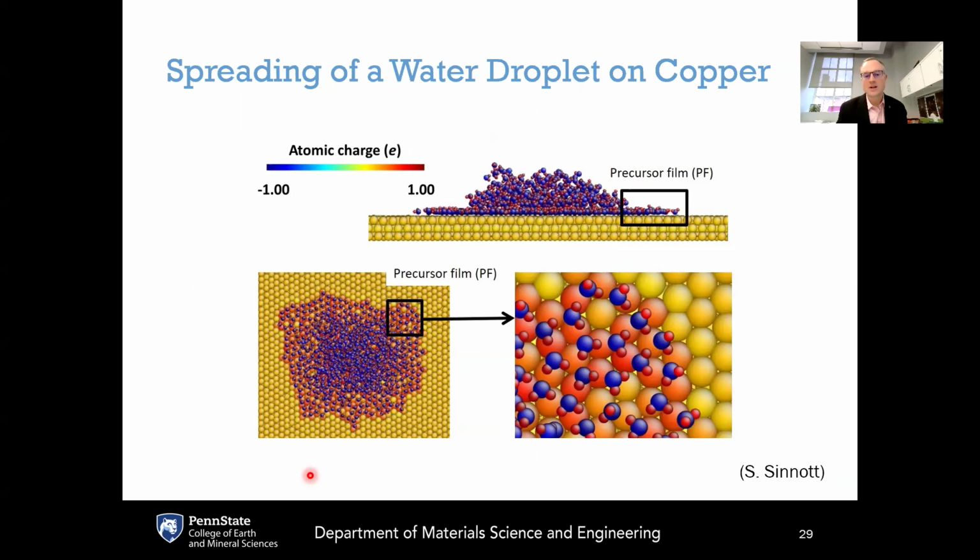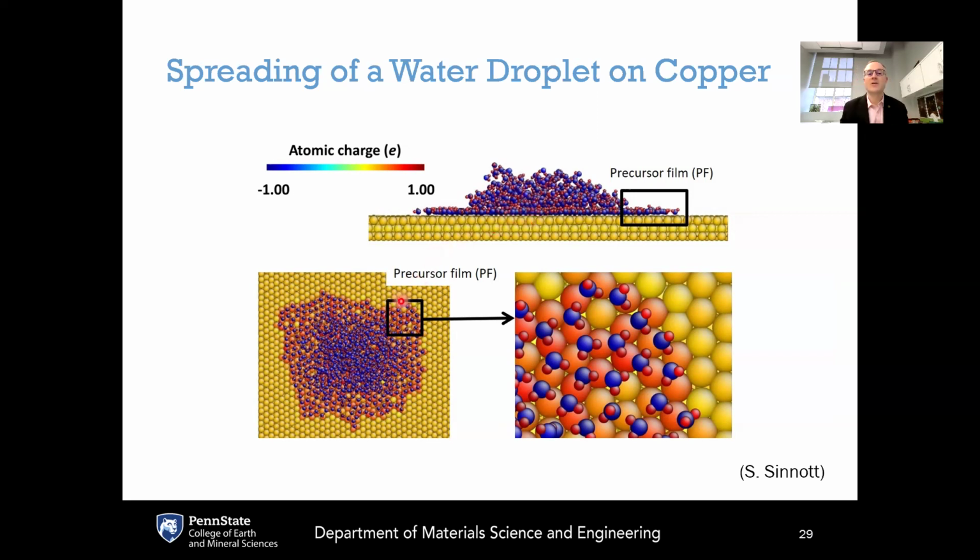This shows you an example from some of Susan Sinnott's work. This is the spreading of a water droplet on metallic copper. So you've got the copper substrate here. These are water molecules on top. So you've got two different types of bonding, metallic bonding within the copper, hydrogen bonding here within the water, and the interactions between the water molecules and the copper themselves.